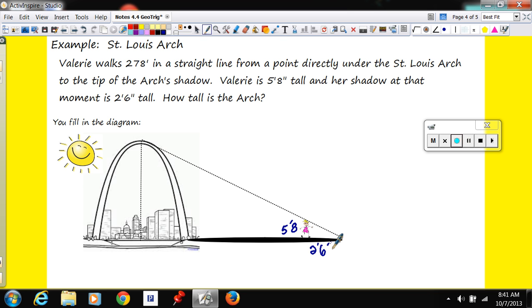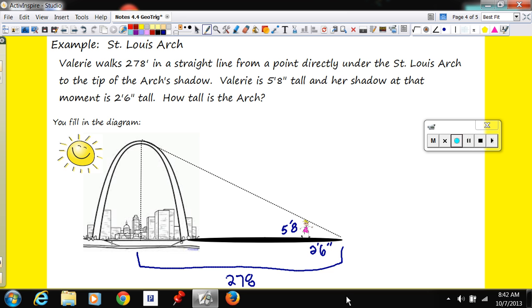And it says that she walked 278 feet to the tip of the arch's shadow. Then she positions herself so that her shadow and the arch's shadow are the same. I probably should have put that in there.